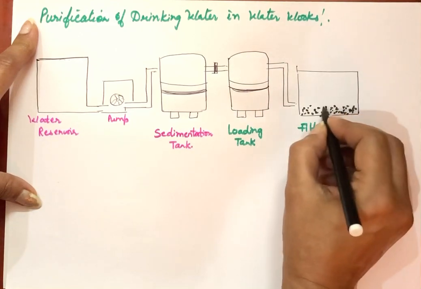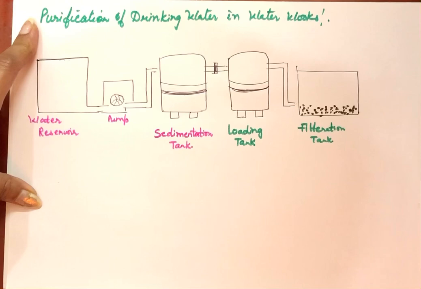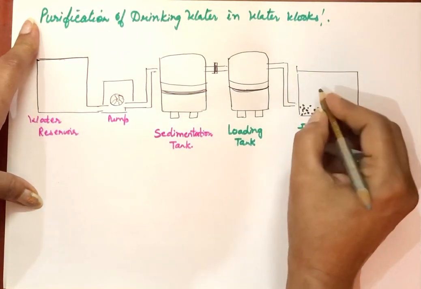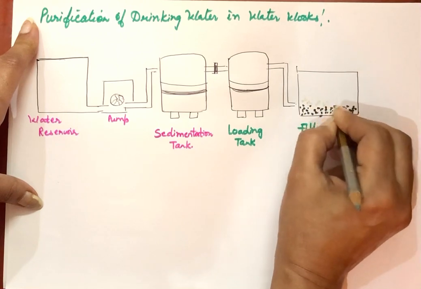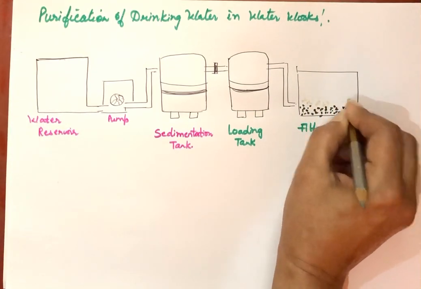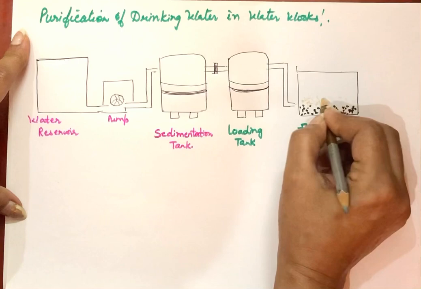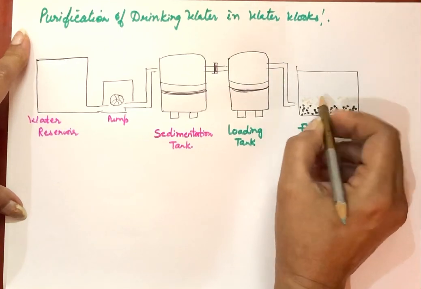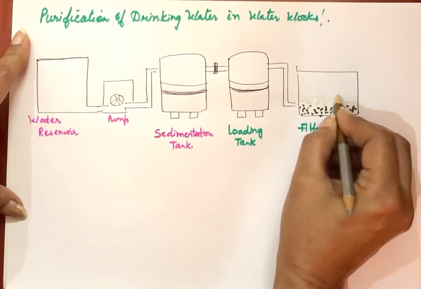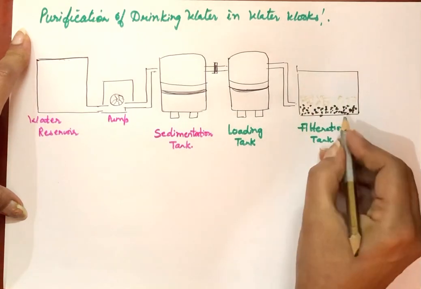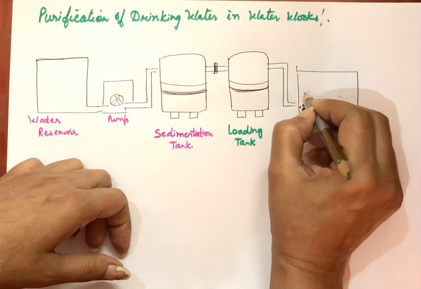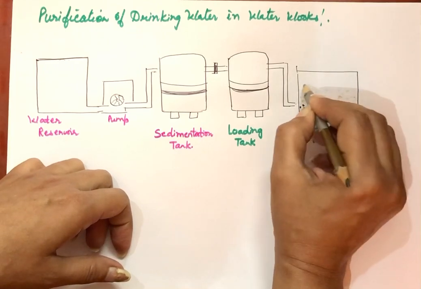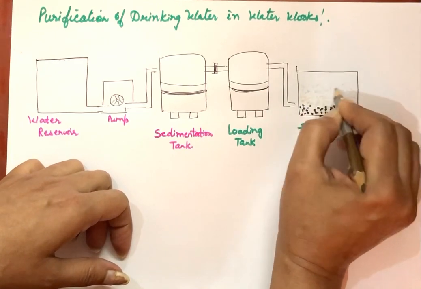Above the coarse gravel, in the middle part, we will have fine gravel packed on the top of the coarse gravel. And on the top of this, a fine sand is packed. This is the coarse gravel, this is the fine gravel, and on the top of this, we have a very fine sand layer.